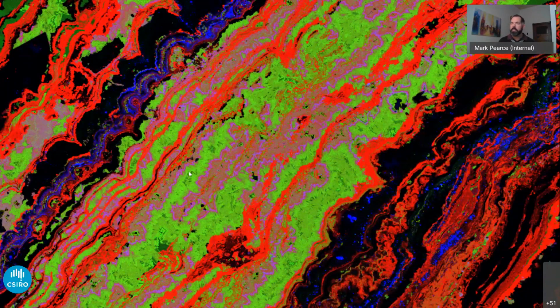And the interesting thing about these microstructures is that the conventional model for the Abra deposit is one of an exhalative deposit, whereby the deposit is built up layer by layer.